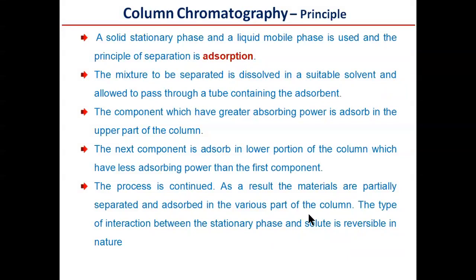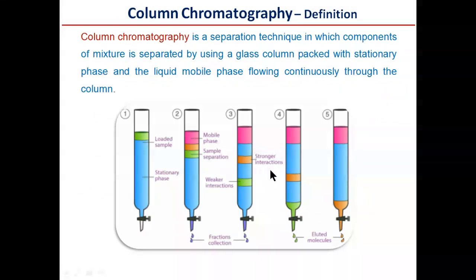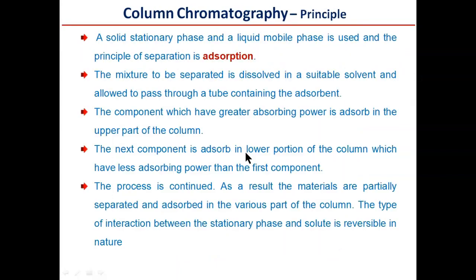The component which has greater adsorbing power is adsorbed in the upper part of the column, as we have already seen. The component with weaker adsorbing power comes down, and the stronger adsorbed component stays at the top of the column.